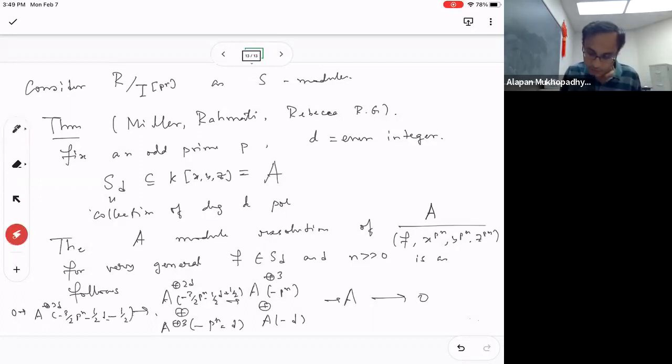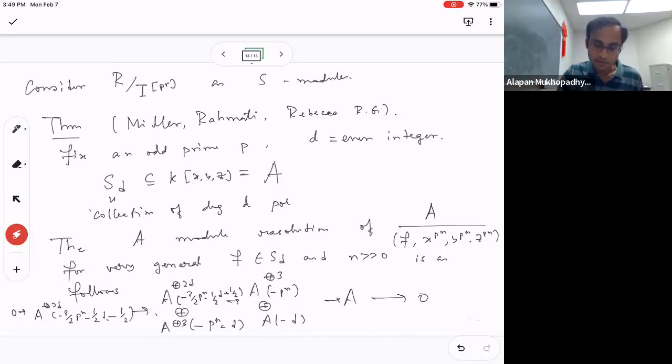So the point is that once I fix d, I completely understand the graded free resolution as a function of n. So this gives some content to my speculation that there should be a pattern in the graded Betti numbers.